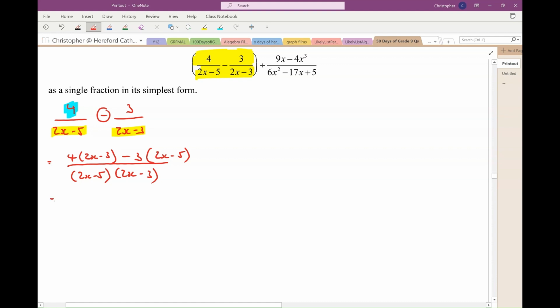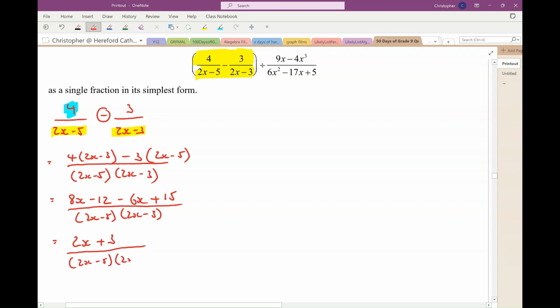So let's continue to work on this. Let's multiply out those brackets on the top. 8x minus 12 minus 6x plus 15 all over 2x minus 5 multiplied by 2x minus 3. So that is, simplifying the top, 2x plus 3 over 2x minus 5, 2x minus 3.